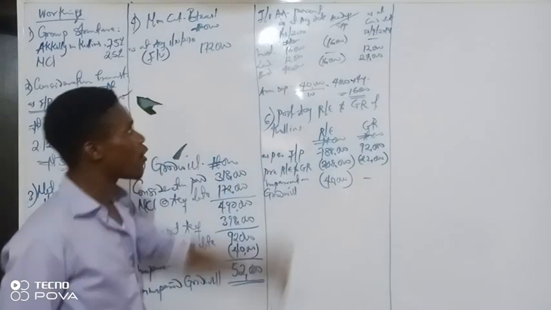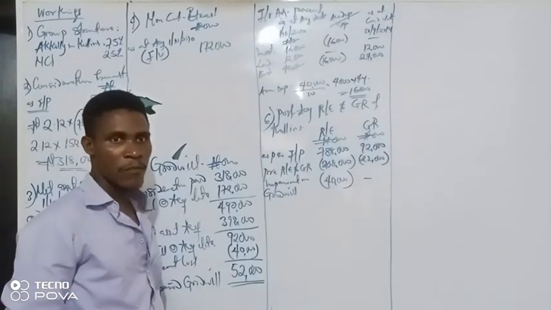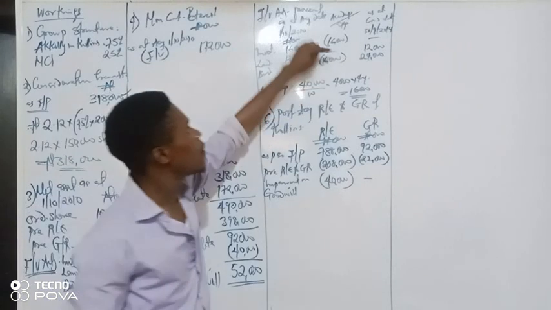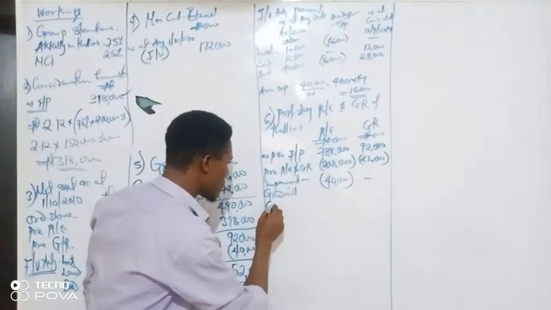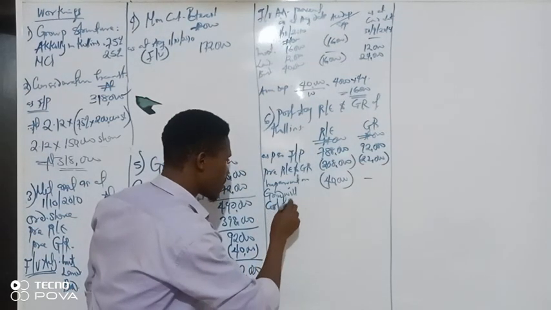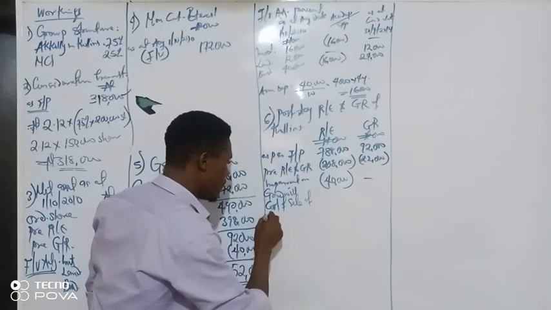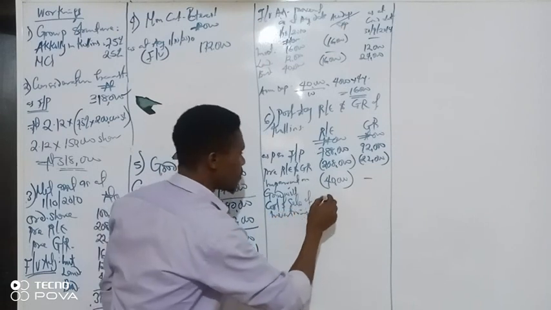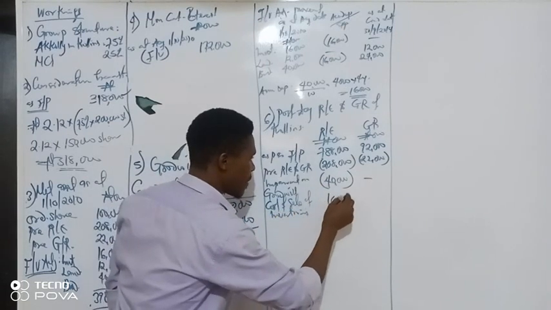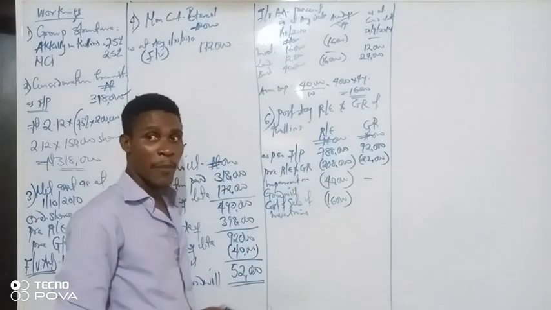Then we come back to this movement. Number 1, inventory, cost of sales of inventory, 16,000.